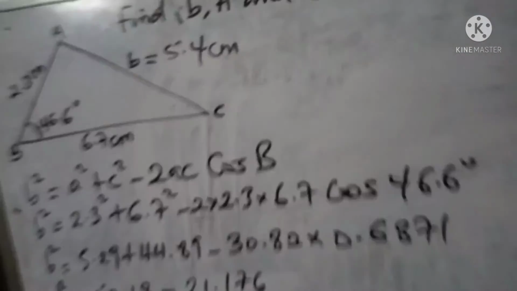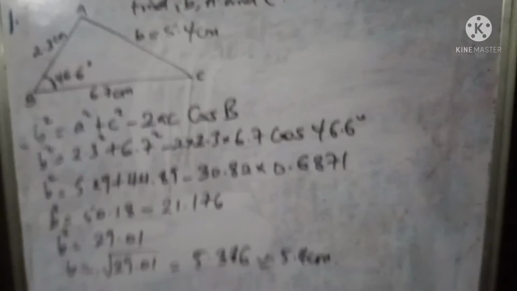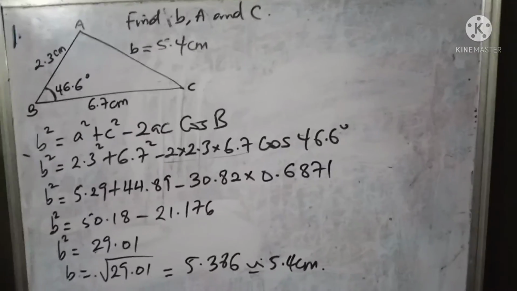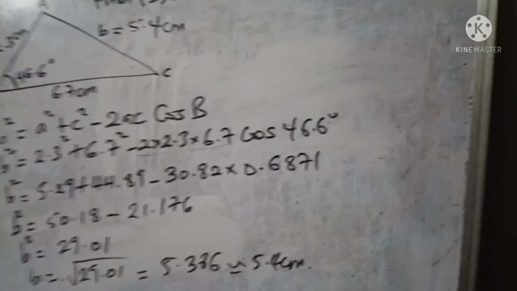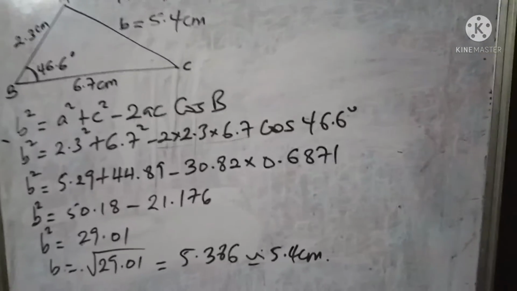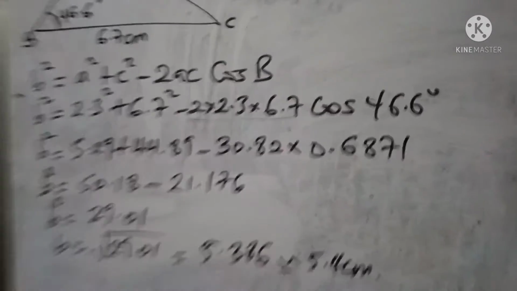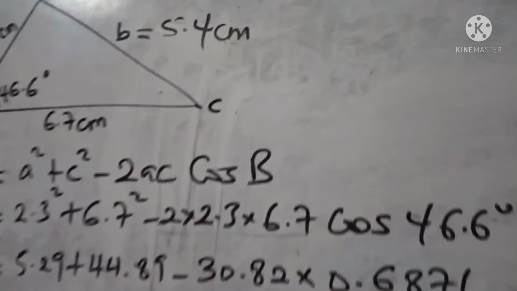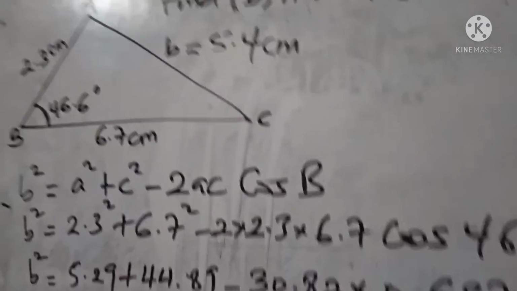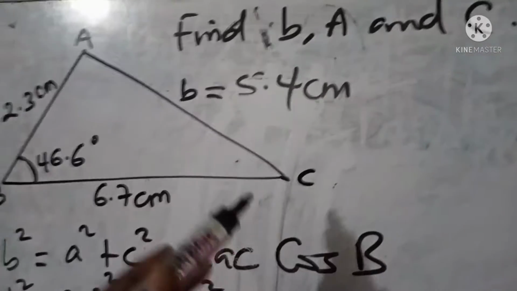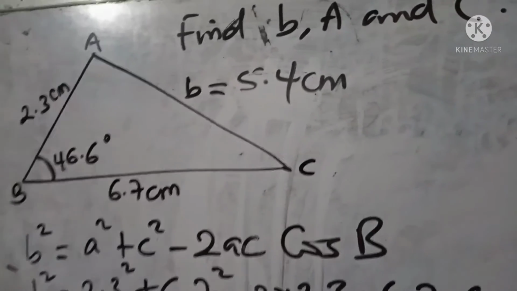That's why when you are doing your calculation, you have to be very careful, because any mistake you make in mathematics, we mark it based on step. Any mistake from the beginning will affect your final answer. Now we have the answer for B. Like I said earlier, when you are given two sides and an included angle, you use cosine rule. But when you are given two angles and a side, you use sine rule.